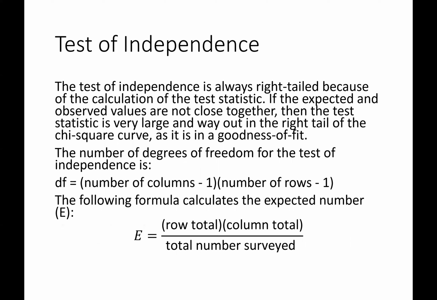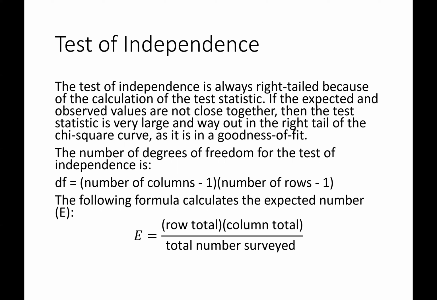The test of independence is always right-tailed because of the calculation of the test statistic. If the expected and observed values are not close together, then the test statistic is very large and way out in the right tail of the chi-squared curve, as it is in the goodness of fit.